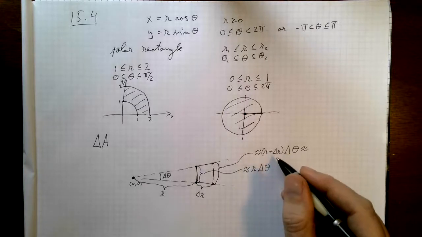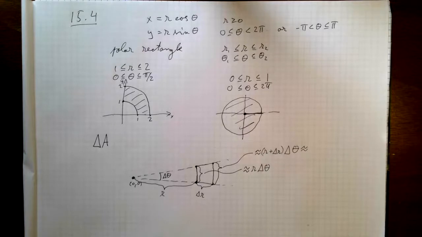Delta r times delta theta is really, really tiny, because it's something really small times something really small. If I have 0.01 times 0.01, it's on an even much smaller order. That's a really tiny number. It's 0.0001.